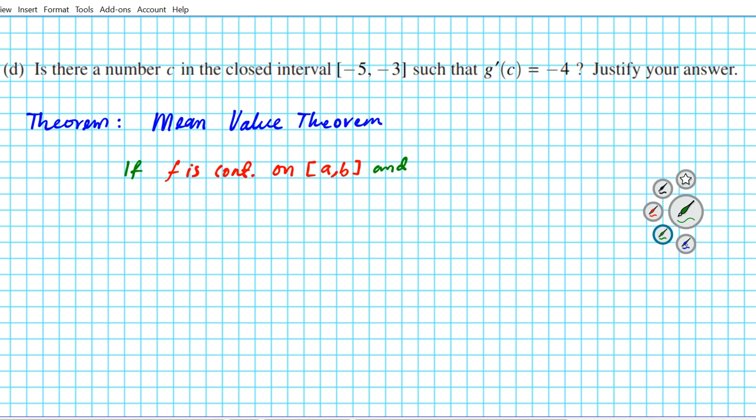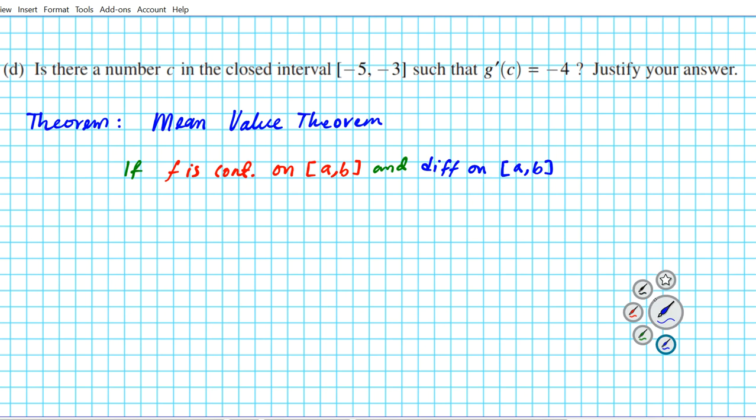And it's differentiable on AB. All right, so that's the hypothesis right there. Then here you have the conclusion.